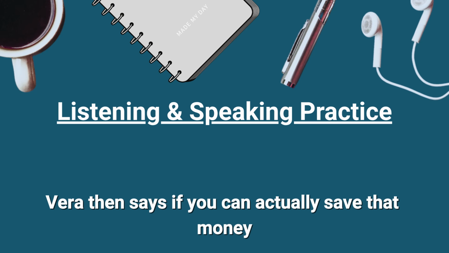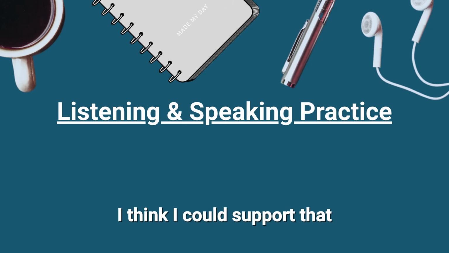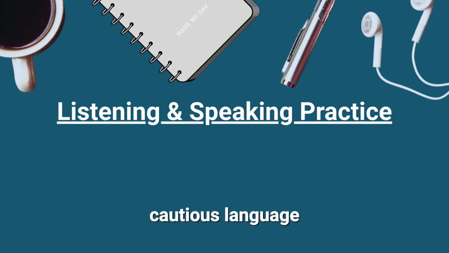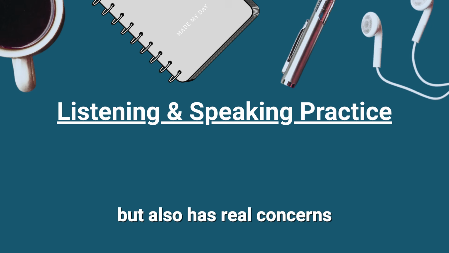Vera then says, "If you can actually save that money and you have a clear plan, I think I could support that." She uses "could" too, and she adds, "I think." This is hedged, cautious language from someone who is genuinely trying to be open-minded, but also has real concerns. She's not shutting Eli down.